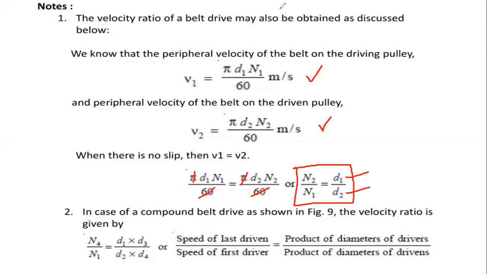So taking four pulleys here, the velocity ratio is N4 by N1 is equal to D1 into D3 by D2 into D4. Here N4 is the driven pulley and N1 is the driver pulley, and diameter of the first pulley into diameter of the third pulley divided by diameter of the second pulley into diameter of the fourth pulley.